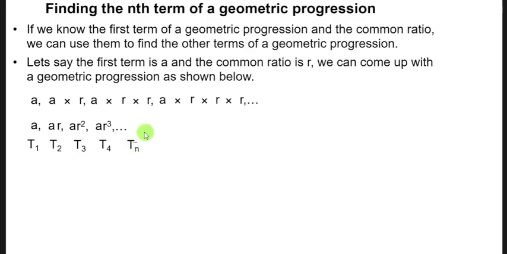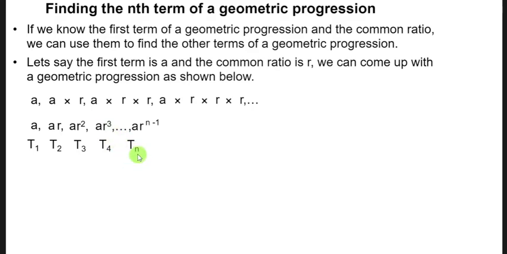We will say then that the formula for finding the nth term of a geometric progression will be a times r, and the difference for the power should be 1. So it is as good as saying n minus 1, because the difference between 4 and 3 here is 4 minus 1, which gives us 3.